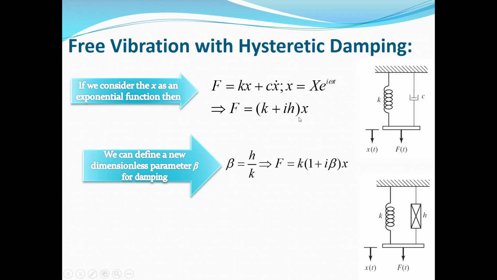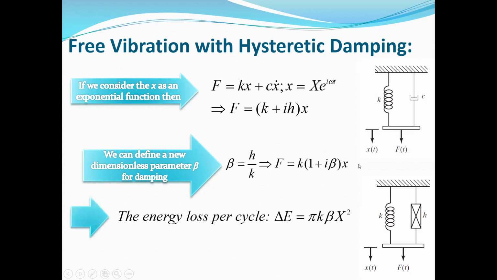Now we can define a new parameter beta, which is a dimensionless parameter for damping, and it's equal to H divided by K, and we can write F in this form: K times (1 plus i beta) times X. And now we can write the energy dissipated as a function of beta, and it's equal to pi K beta uppercase X squared.